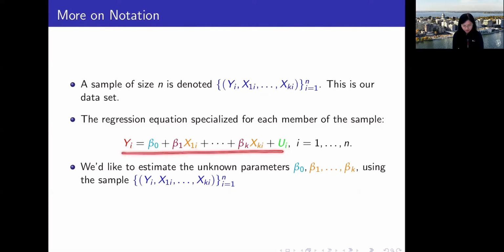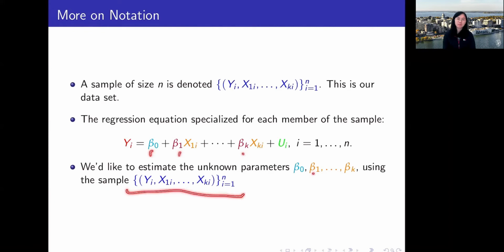So this is the same linear regression equation that we introduced, except that we now specifically refer to the ith individual. So this is the equation for the ith individual. And we would like to estimate the unknown parameters betas using the random sample. So how do we estimate this?